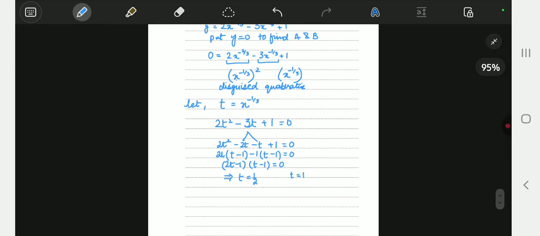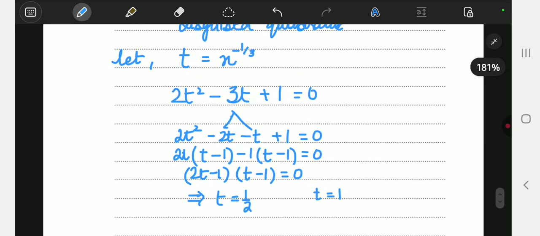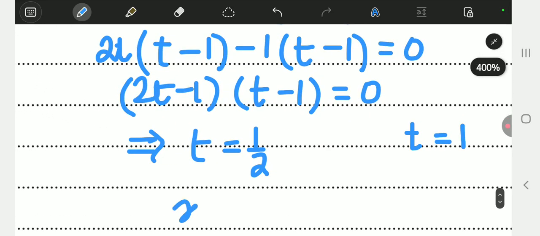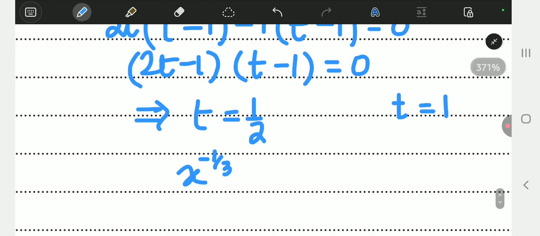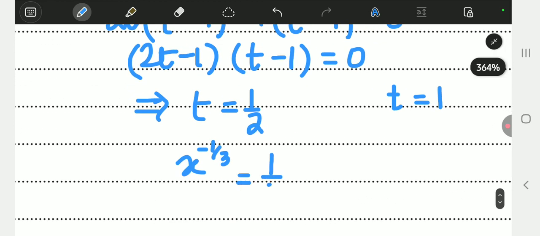Putting back the substitution, we had t = x to the power -1/3. So x to the power -1/3 equals 1/2, and x to the power -1/3 equals 1.